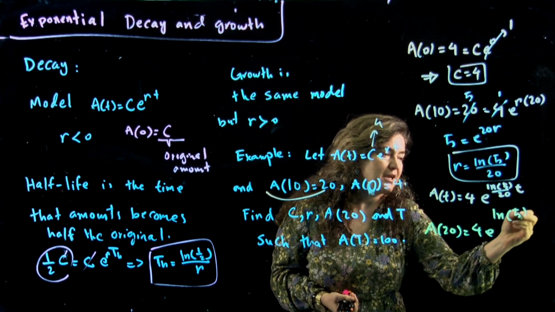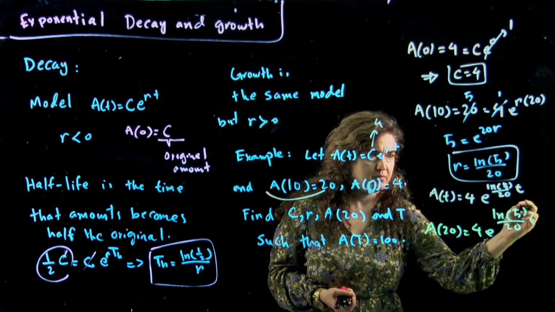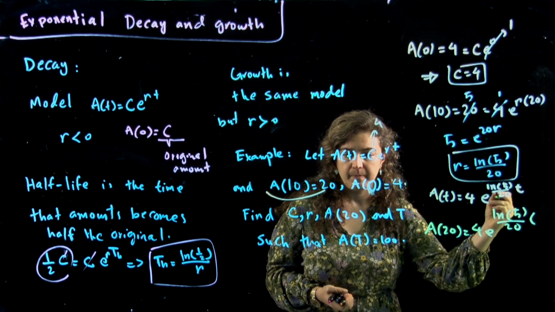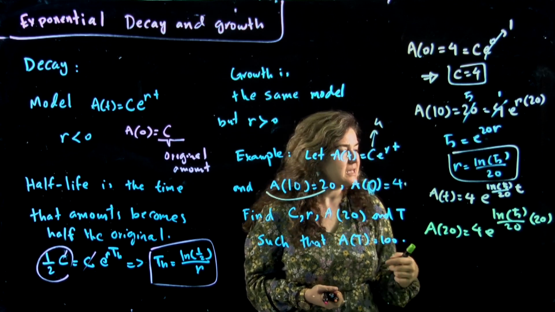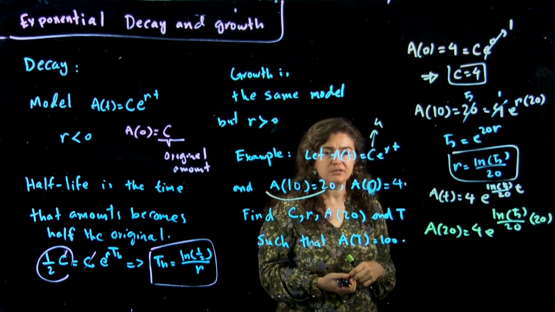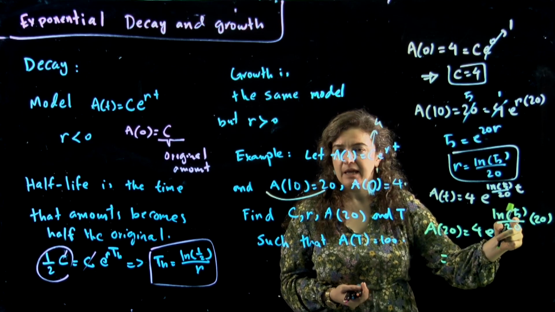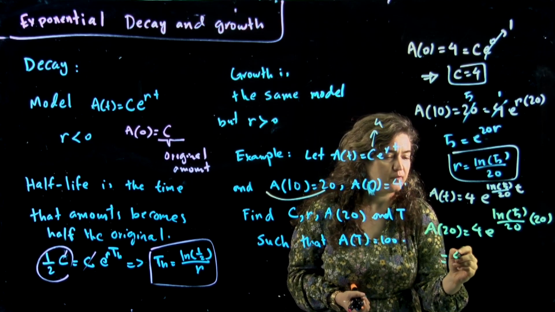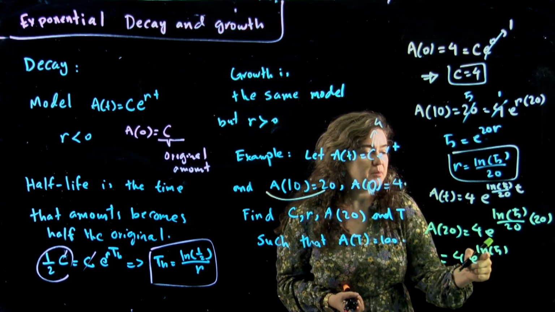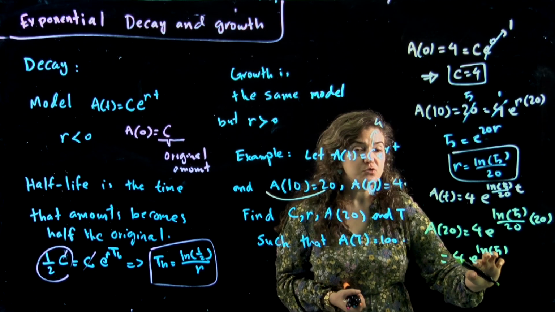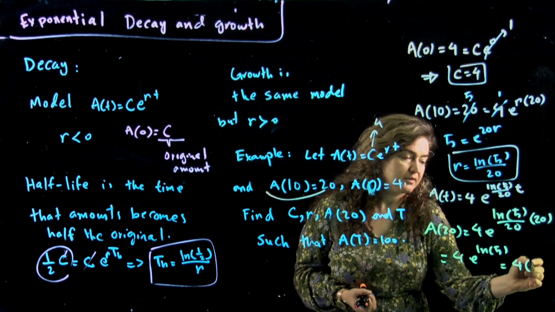So ln 5 divided by 20 times 20. In this case, the 20s simplify together, and what we end up with is 4 e to the power ln 5. e to the power ln, these two are inverse functions of each other, and we end up with a 5.